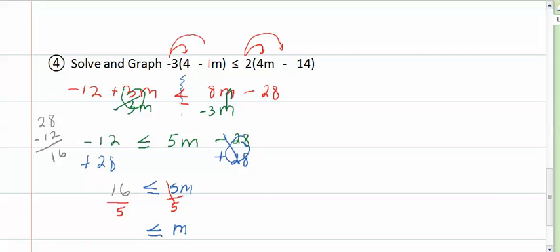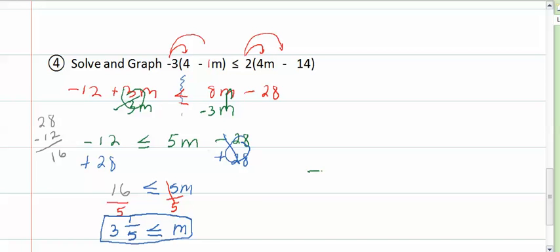And then I'm going to go ahead and simplify this because I need to graph it. So 5 will go into 16 3 times, because 3 times 5 is 15, and there's 1 left over, and I'm going to write it as a fraction, as the remainder's at the top, and I use my denominator for my bottom of my fraction. So I am going to graph my solution, which is m is larger than or equal to 3 1/5.